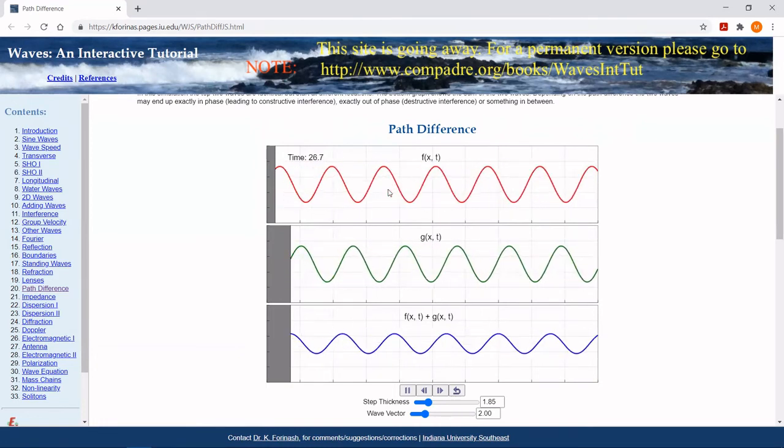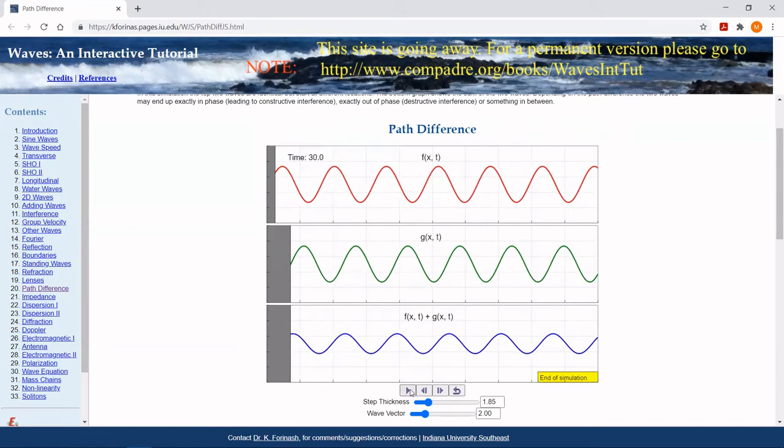What has changed is the overall phase. See how the blue wave doesn't perfectly match up with the red one? A red peak doesn't match up with the blue peak, and a blue peak also does not match up with a green peak. So the overall phase shift is different from the two originals, and so is the amplitude.